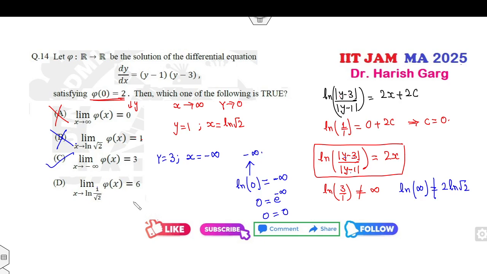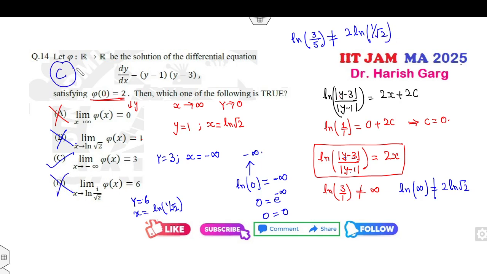Fine. Look at the last option. y is equal to 6, x will be ln of 1 by root 2. When you substitute y is equal to 6, this value will be 6 minus 3 over 6 minus 1, which is not equal to 2 ln of 1 by root 2. So this option is also cancelled. C is the right answer of this problem.